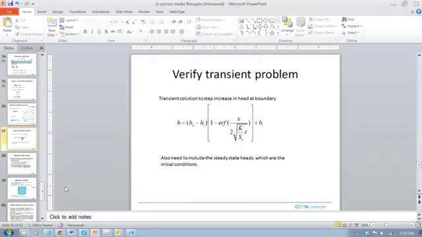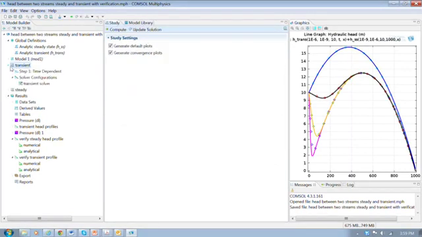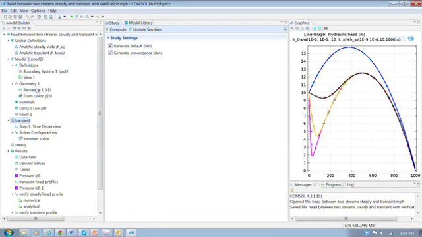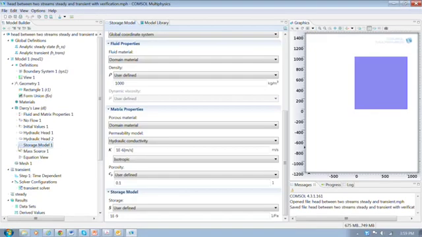And in Comsol, if we look at the transient analysis here, if we look up here in the model and expand out and go here to the storage model where the transient terms are given, we see here this is S, this is the specific storage, or this is what we're using as the specific storage, and it's in units of 1/pressure instead of 1/pressure head.